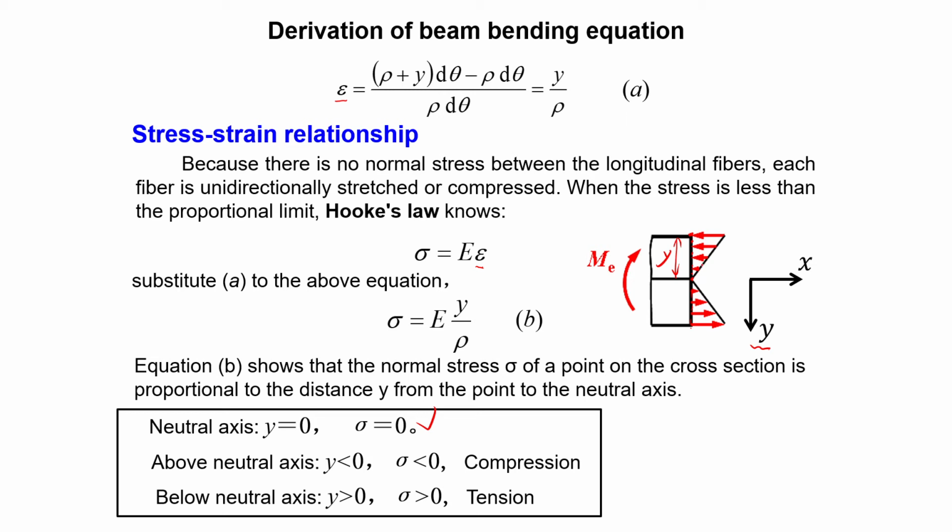Above the neutral axis, y is minus. At the same time, with y minus, you substitute into equation B, and you get sigma is also negative, so that's why it's compression. In contrast, if you look at the downward part, y is larger than 0, positive, and sigma should be also positive, so it's under tension. So that gives us the distribution of stress across the beam.